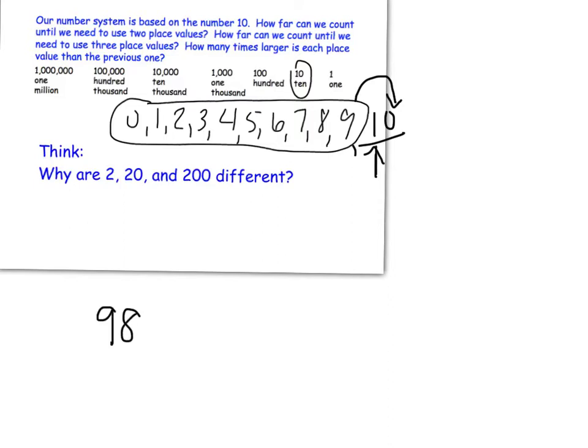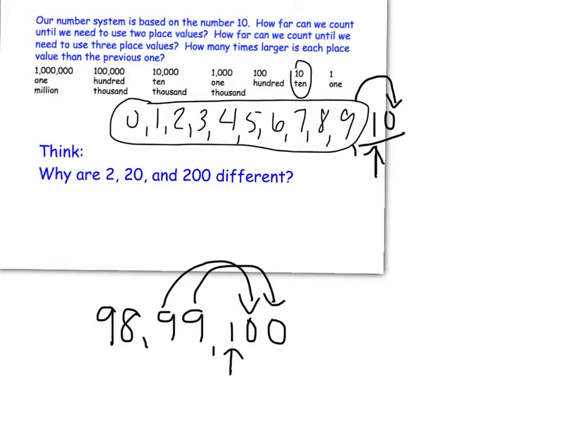Here we have our 98, our 99, and we can't move on because there's nothing bigger than that 9, so it refreshes. It starts at 0 again. Wait a second, what am I supposed to do with this 9? The exact same thing. It refreshes again to 0, and we're going to place that 1 right in front. So this is initiating the three place values. So how far can we count until we need three place values? 100. Ding, ding, ding.